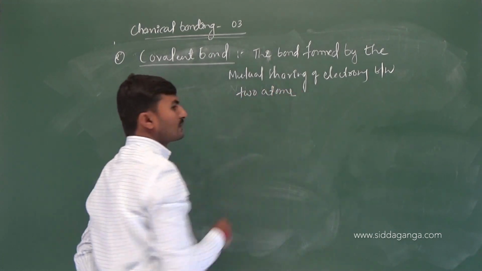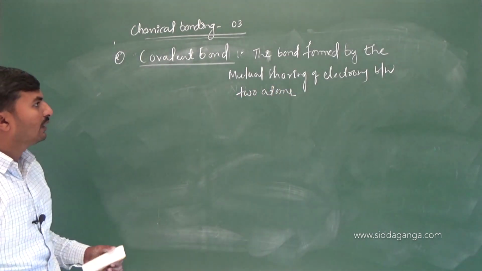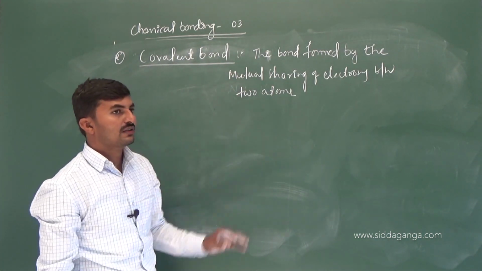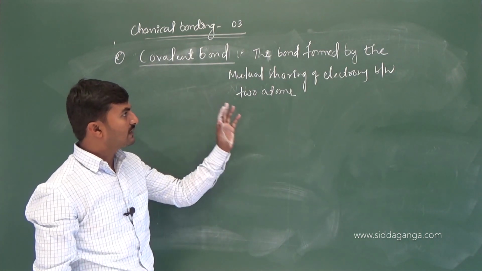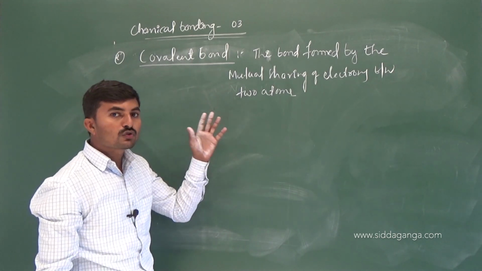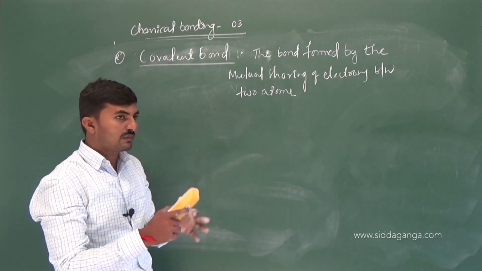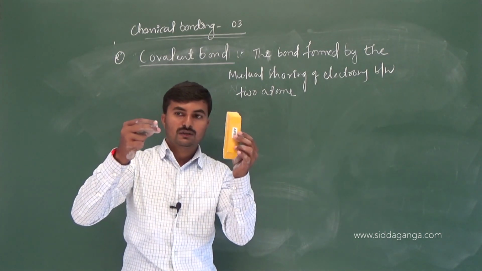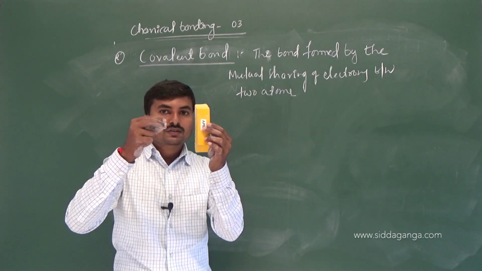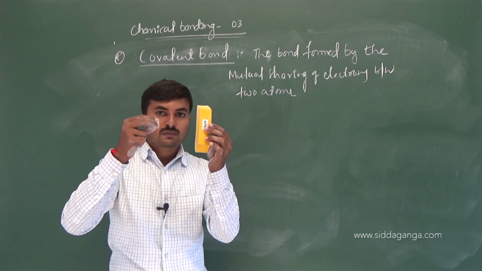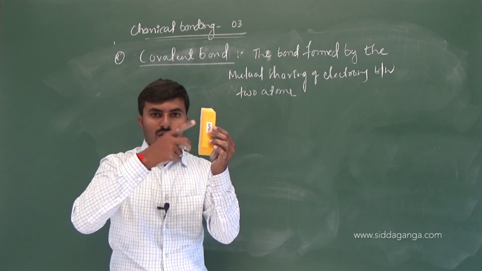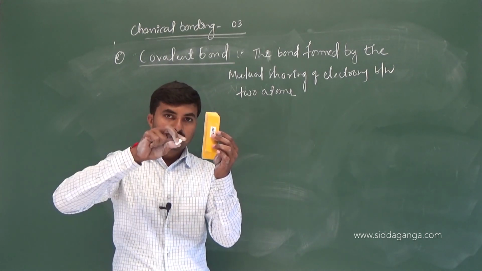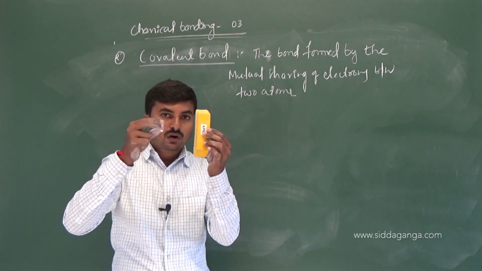Or we can define it in another way. It is the force of attraction which arises due to the mutual sharing of electrons between the two atoms. If we consider these two atoms, if there is a mutual sharing of electrons by both the atoms, this atom can share its electrons and this atom can also share its electrons, thereby the formation of a bond takes place.